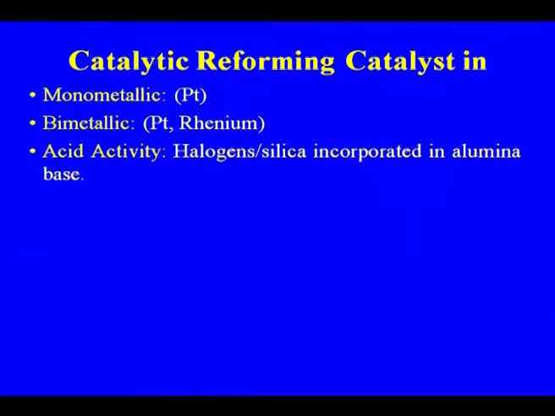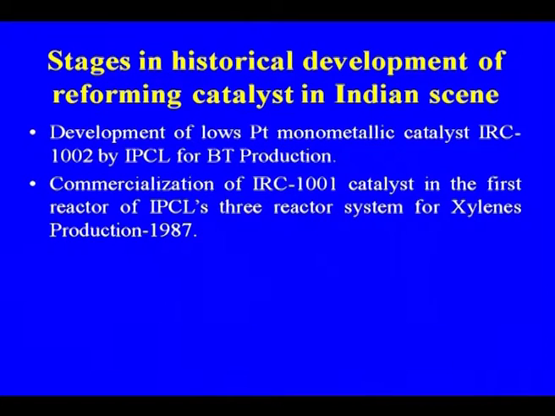Depending upon that, there has been continuous development in the catalytic reforming catalysts, and indigenous catalysts have also been developed. The catalysts are monometallic, bimetallic, with acid activity, that is the halogen, silica incorporated in alumina, which give the acid, because both the acid and metal functions of the catalyst have different roles.